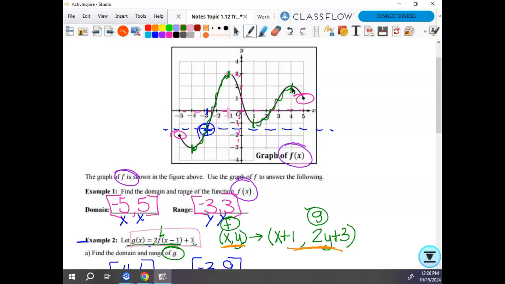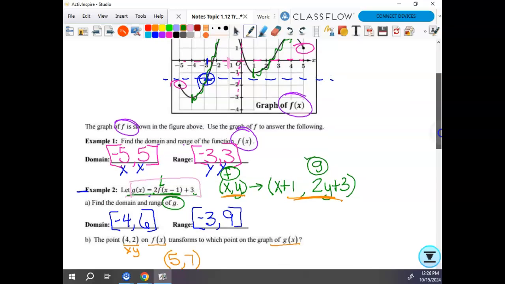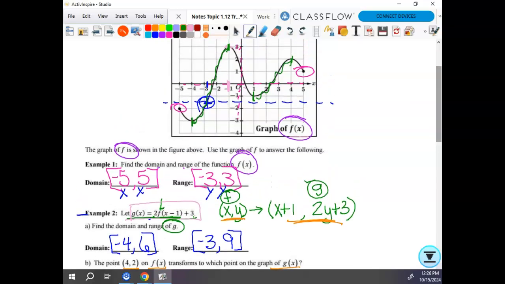So when we transform it, if we think about what's actually happening with our transformations here, when we transform f, we move it to the right one, we stretch it vertically, and then move it up 3. Okay, so we move it to the right, and then we sort of stretch it and move it up. Does that change what pieces of the graph actually are increasing? It doesn't. It moves where they are and stretches them some, but the pieces are the same. Does that make sense to you?